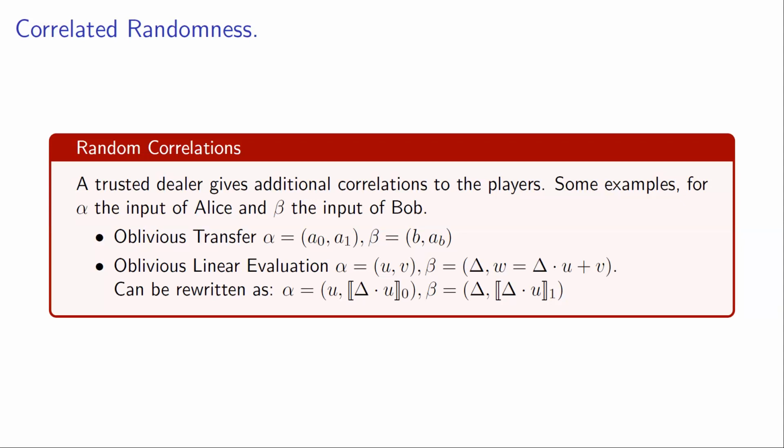So why do we care about these correlations? You can imagine plenty of others, but these two are very important because if you have as many OLEs as there are multiplication gates in your arithmetic circuit, the arithmetic circuit representation of the function you want to compute, then there exist very efficient secure multi-party computation protocols to do that.